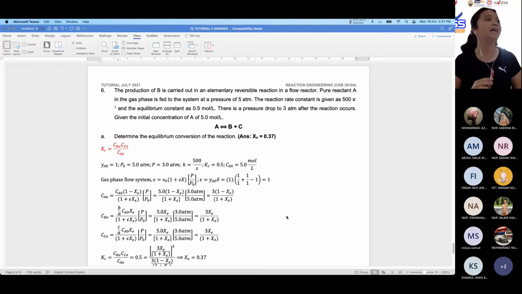Kalau reversible, I will only teach you to design for CSTR sebab kalau saya nak ajar untuk design PFR dengan batch, it's very complex sebab dia melibatkan pengamiran kan. So pengamiran tu kamu faham kalau dia adalah reversible, dia akan jadi quadratic. No, maybe more than quadratic, the solution is too complex. But nevertheless, doesn't mean tak ada orang design reactor untuk PFR atau batch for reversible reaction.